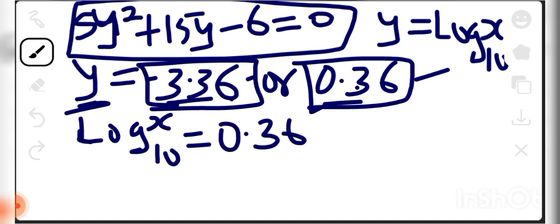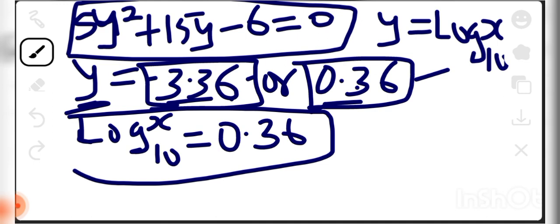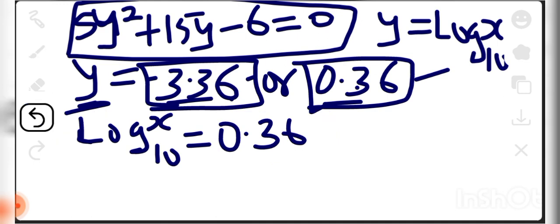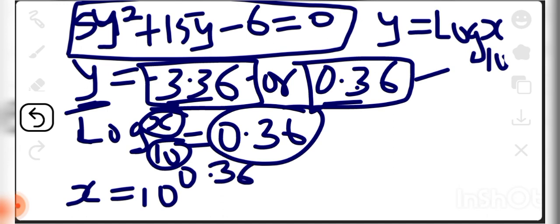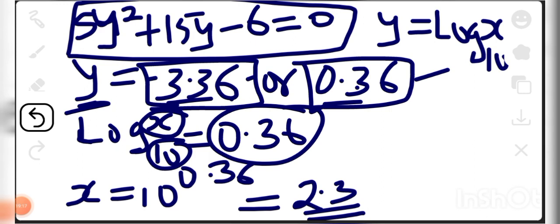Let's first try 0.36. If you have something like this, how do you solve it in mathematics? Anything we have here, which is x, will be equal to 10 to the power of what you have here, which is 0.36. This is going to give you a value, approximately 2.3. So x equals 2.3 here.